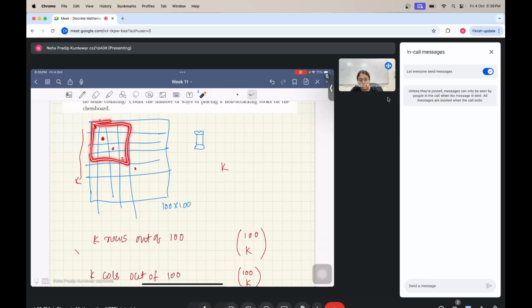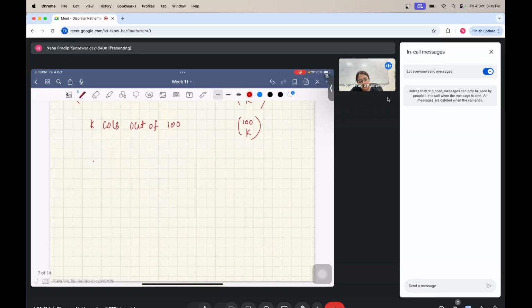Maybe it's this set of k cross k where you're going to place them. So is it fine if I say that the total number of ways of placing the non-attacking rooks is 100 choose k square, or is there something that we're missing?